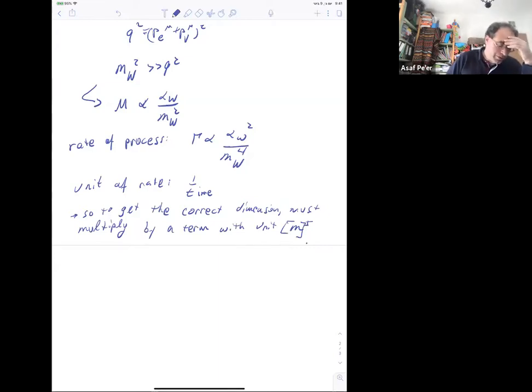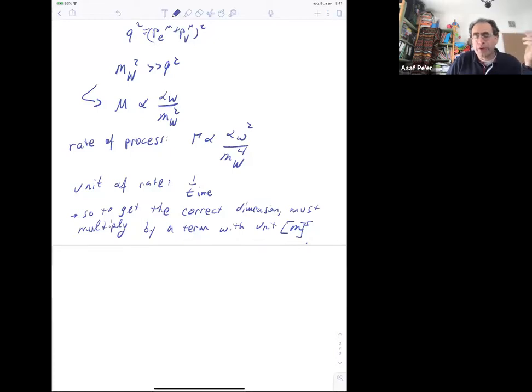Now, without making any calculation, the only natural quantity that we have here would be the mass of the decaying hadron, the neutron. That's the mass that we can have.